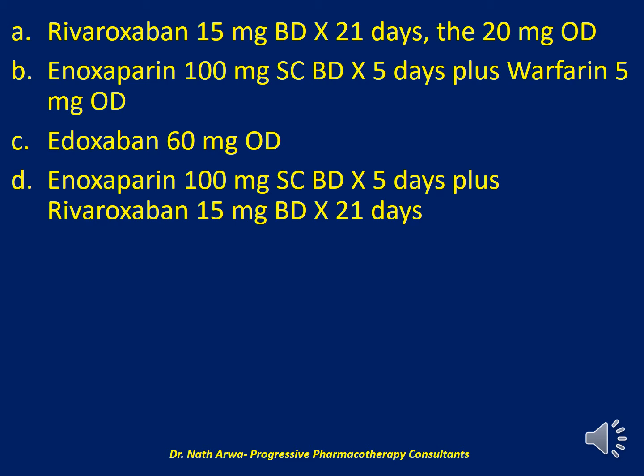Or would it be 60 milligrams of edoxaban taken orally once daily? Or would you settle for 100 milligrams of enoxaparin subcutaneously twice daily for 5 days plus rivaroxaban at a dose of 15 milligrams twice daily for 3 weeks? I will give you 10 seconds to choose the correct answer.